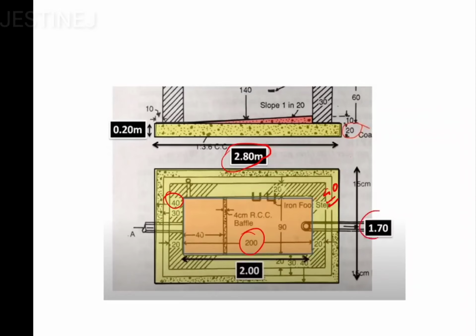Then the width is going to be 1.7, that is 90 plus the 40 to both the sides. Okay, 1.7. Then the thickness is going to be 20 centimeter or 0.2 meter.